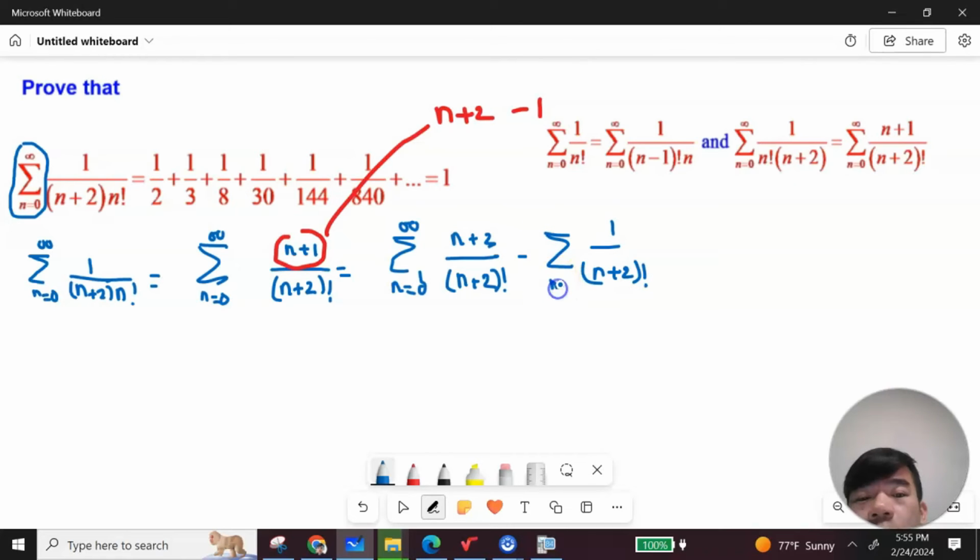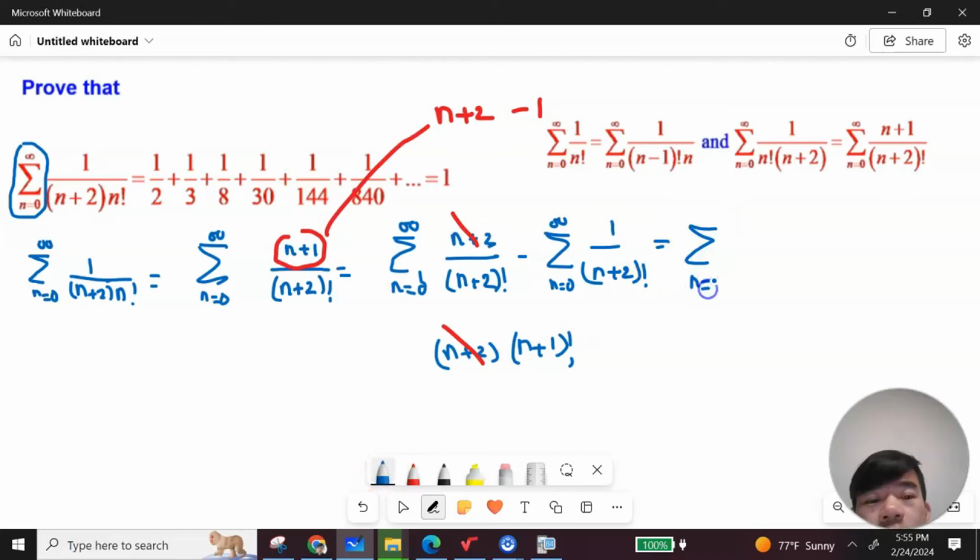This first one is equal to this one here, because (n plus 2) factorial means (n plus 2) times (n plus 1) factorial, so n plus 2 and n plus 2 right here are gone. So I just write the sum, n goes from 0 to infinity, of 1 over (n plus 1) factorial.